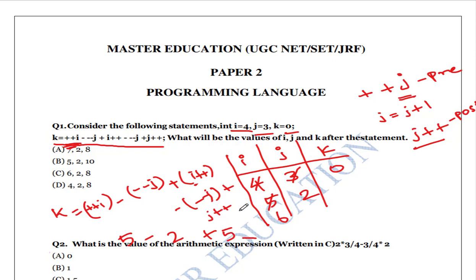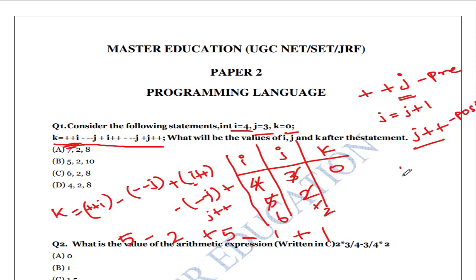Then --j, that is a pre-decrement, 2 will become 1, right? Then j++, which will again take the j value here, and here it will become 2.